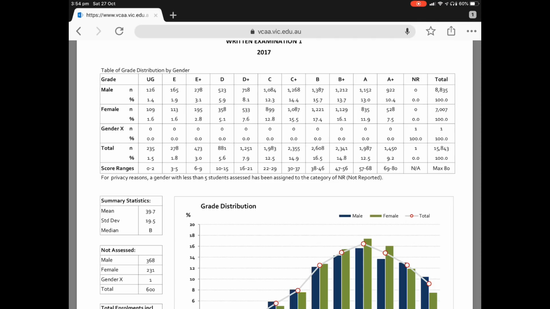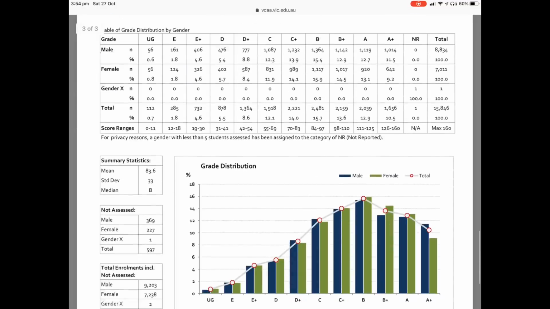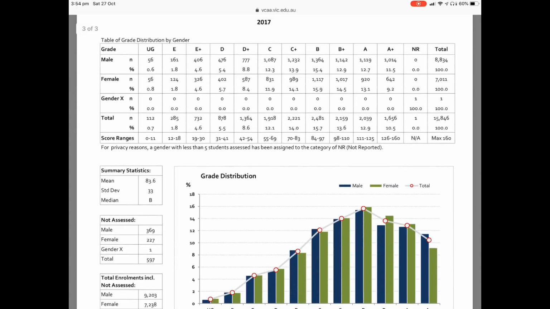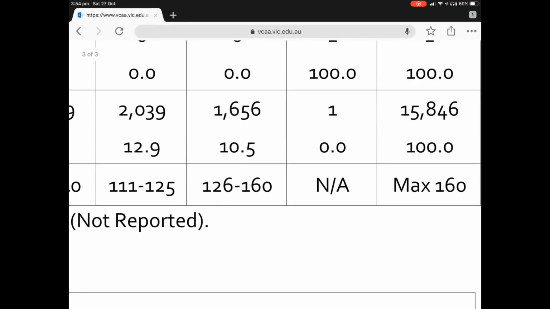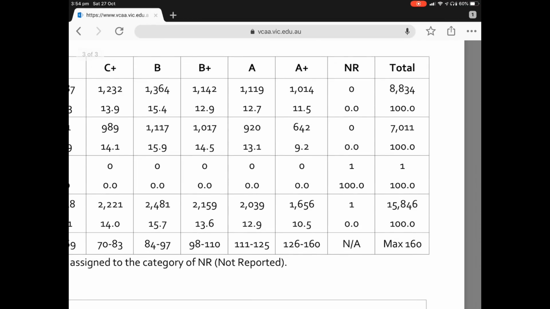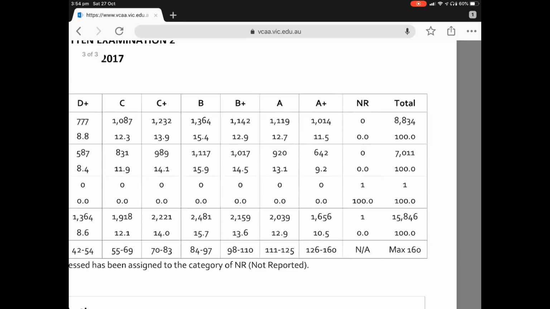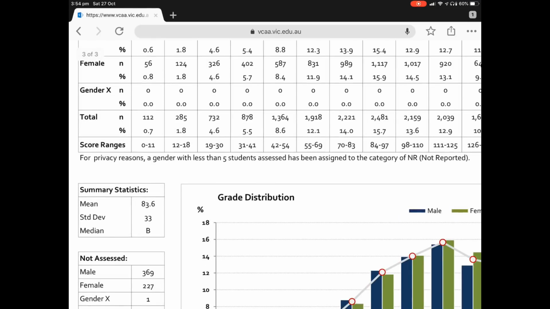Oof. 29 would have gotten you an A. Wow. That exam was really poorly written. Didn't like it at all. Okay, the second exam, 63 out of 80 would have gotten you an A+. And 56 out of 80 would have gotten you an A. And where's half marks? So you needed more than half marks to get a B.